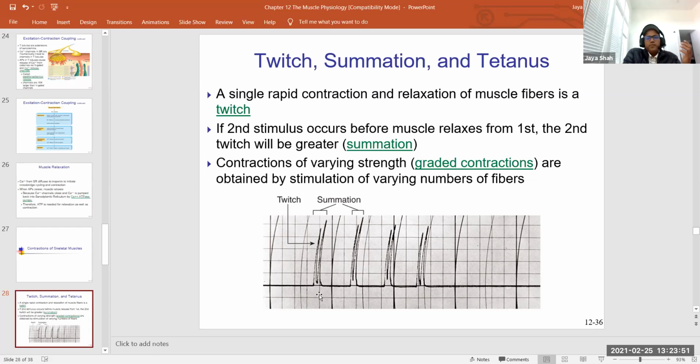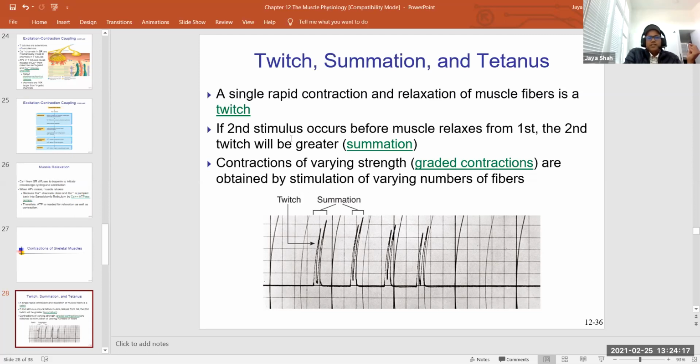And if you give another stimulus immediately, the second stimulus is piggybacking on the first one. And it is stronger than the first one because you did not allow calcium to go back into the sarcoplasmic reticulum. And that is called summation.